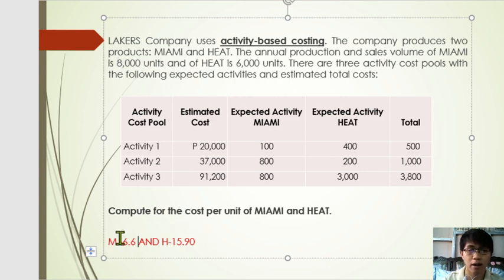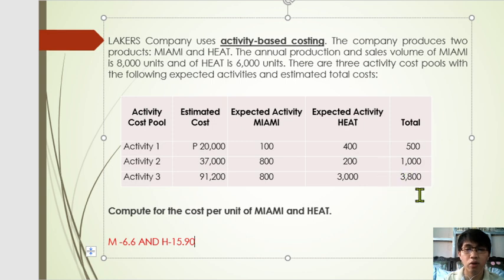So siguro i-compute habang ginagawa natin habang dinidiscuss itong video, you can compute on your own para ma-check if tama yung solutions or tama yung computation and for your practice also. So the same is true for Heat. 20,000 times 400 divided by 500 plus 37,000 times 200 divided by 1,000 plus 91,200 times 3,000 over 3,800.